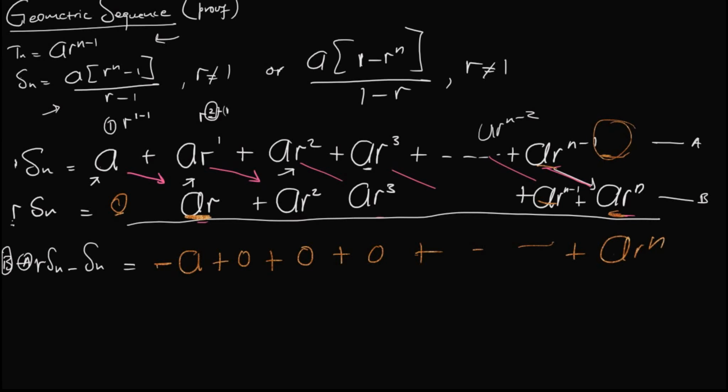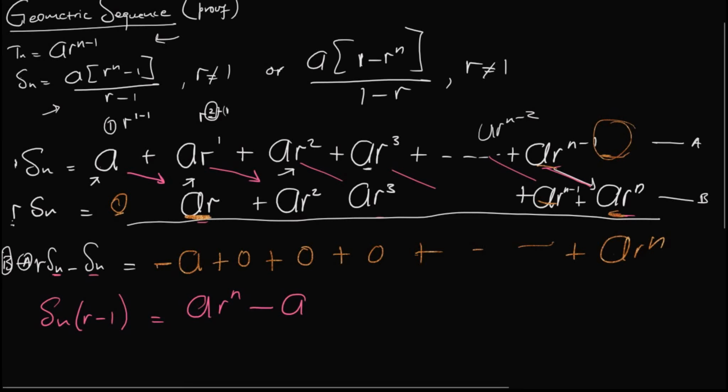But then what we can see is we can take out the common factor Sn. So we have Sn into R minus 1 equal to ARn, then minus A. But then what we notice is that A is common, so it's a common factor.